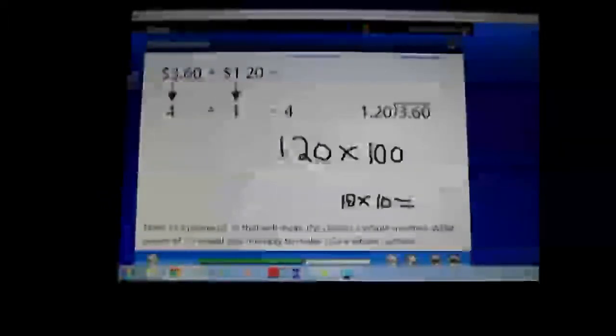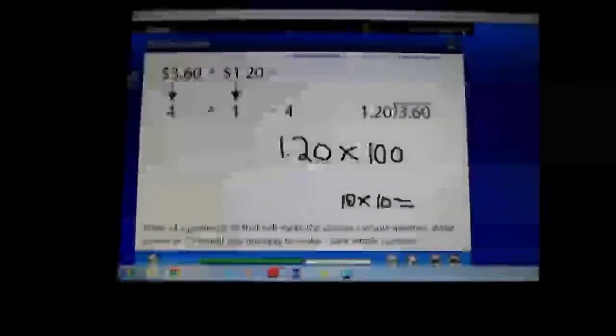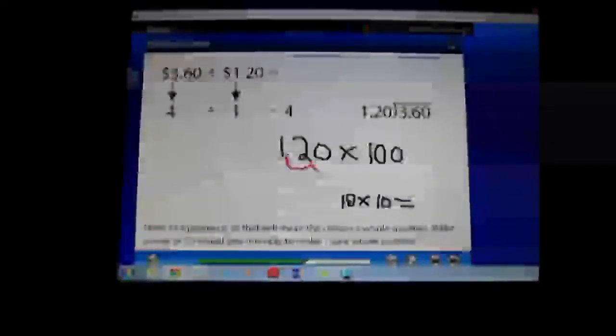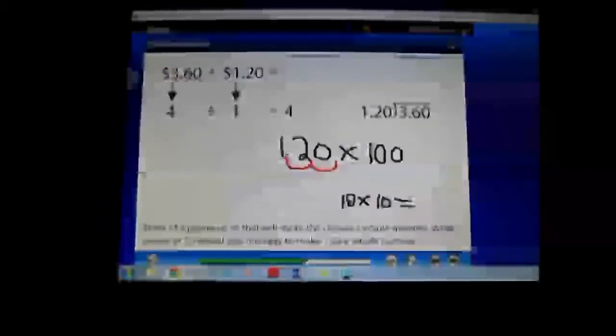It essentially does the same thing, and it just moves my decimal place over 2 places to the right. There we go. And then I replace my decimal point at the end, giving me 120.